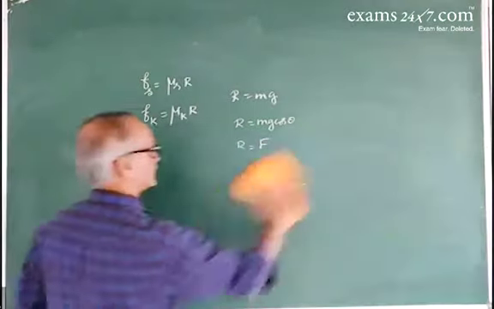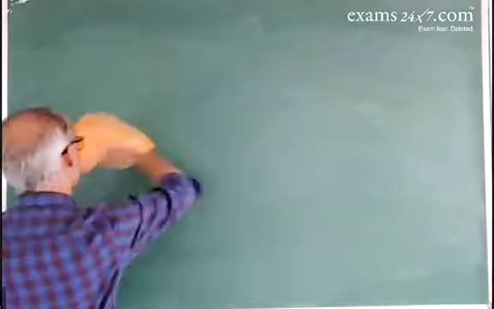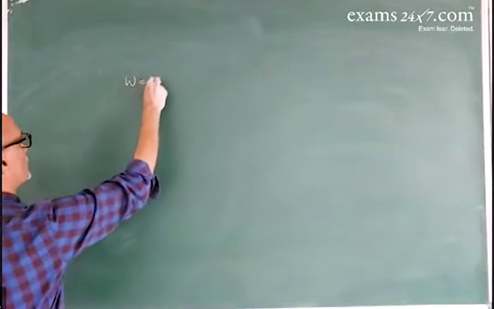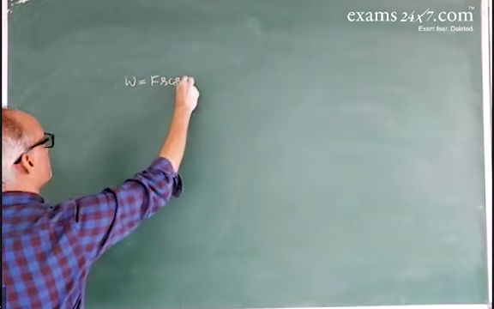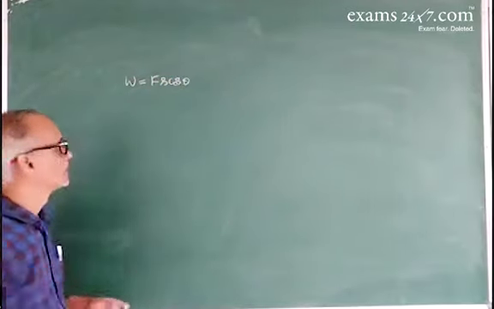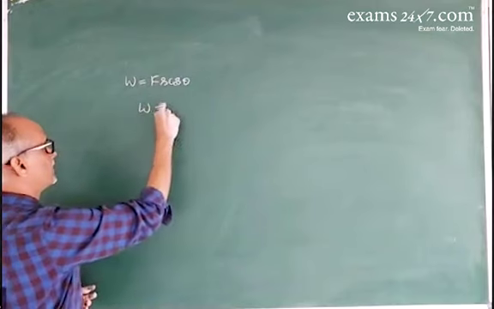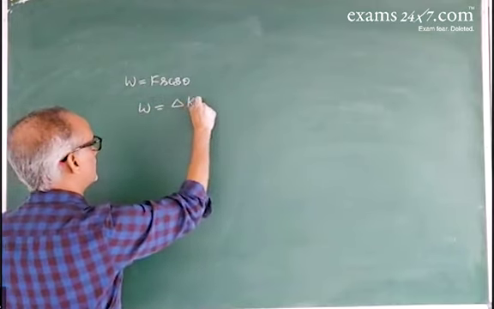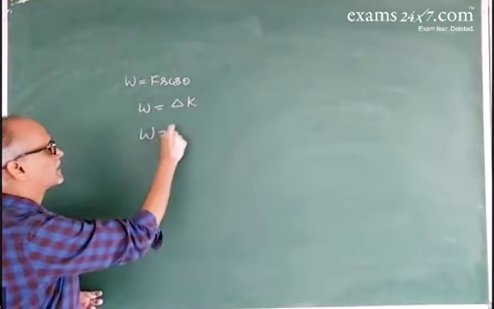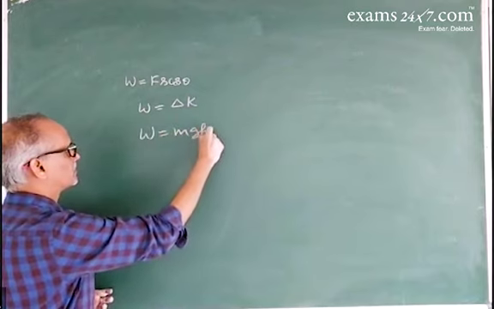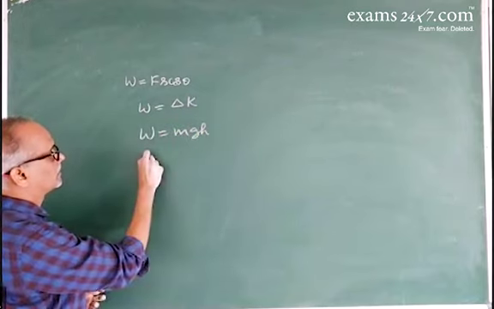In the next chapter, work, power, energy, the basic formula for work, W is equal to Fs cos theta. Work-energy theorem, W is equal to delta K. Work done in lifting an object, W is equal to mgh.